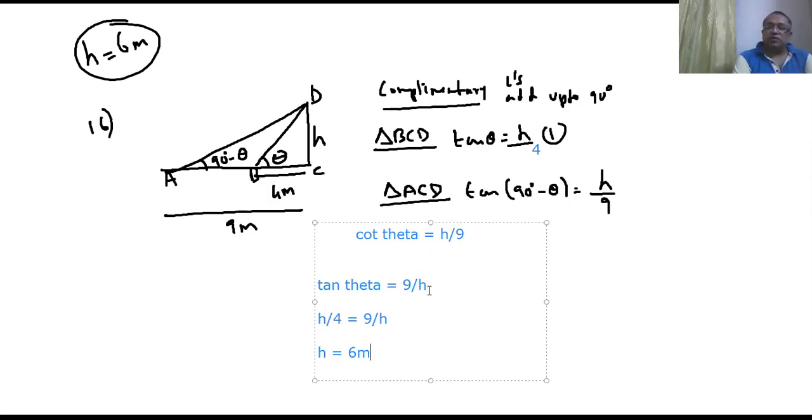So we can equate this, we get h by 4 is 9 by h. Cross multiply, we get h square is 36. And if h square is 36, then h will be root of 36. And therefore we can say finally that the height of the tower is root 36, that is 6 meters. Of course, you may say that there is a negative case also, but height cannot be negative. So therefore we can say final answer, right? Thank you.